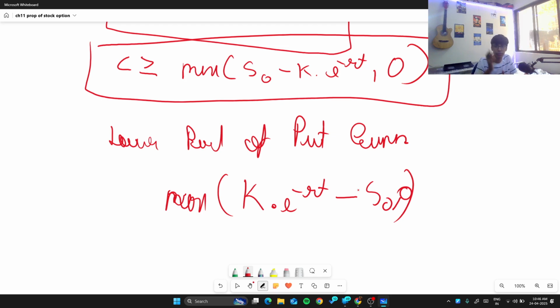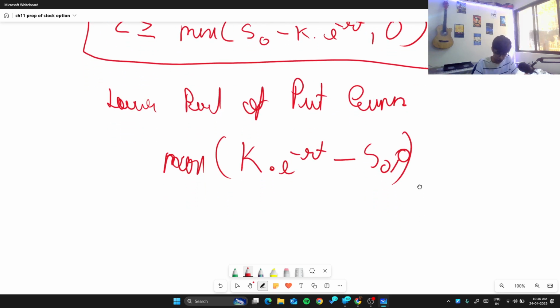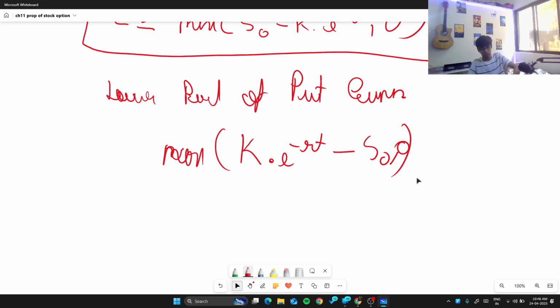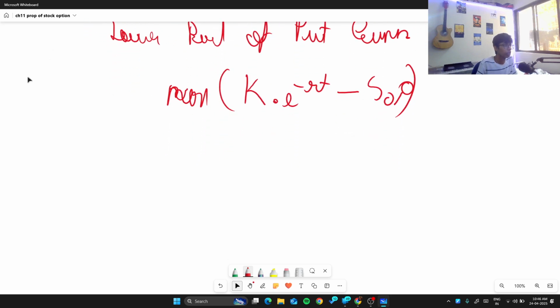I will explain it again with an example. Let's say the current stock price is 37, the strike price is 40, the interest rate R is 5%, and T is half a year.